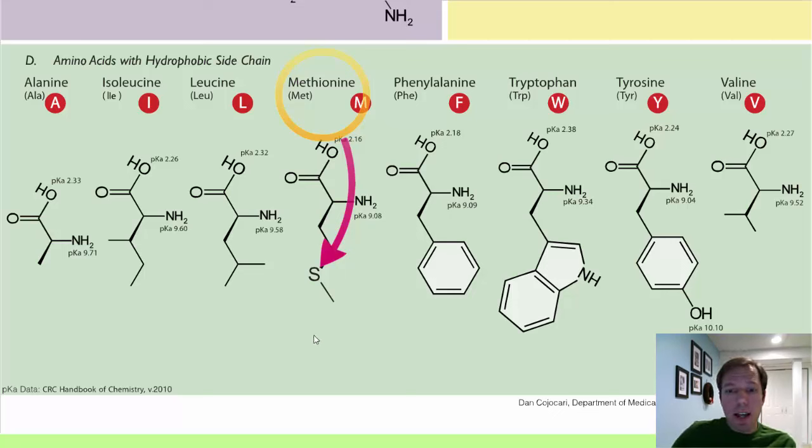One thing that you'll notice as you look at this chart and similar ones is that we have several different ways of being able to represent amino acid names. We have the full name, alanine, isoleucine, leucine, etc., and we have a three-letter abbreviation, which is going to have some shortened form of the name, and then finally a single letter abbreviation, which sometimes will correspond with the beginning of the name.